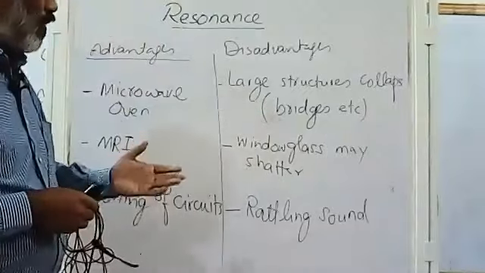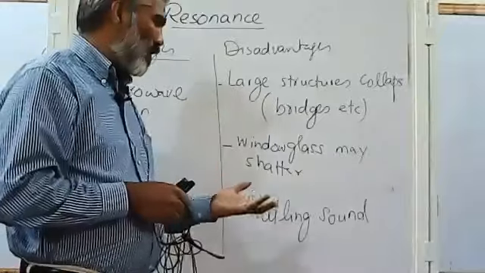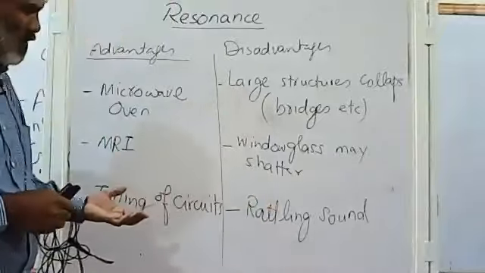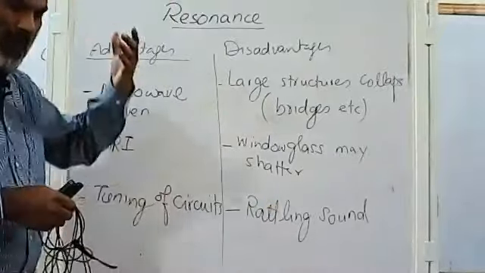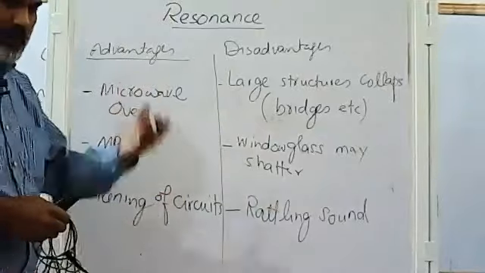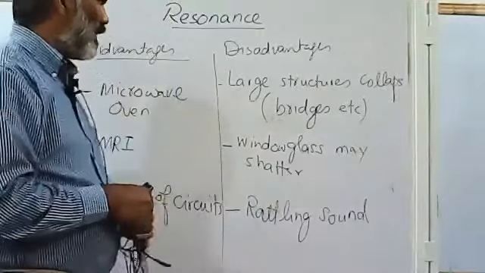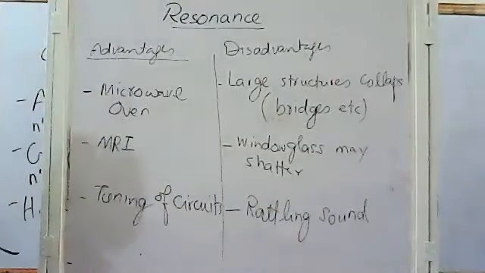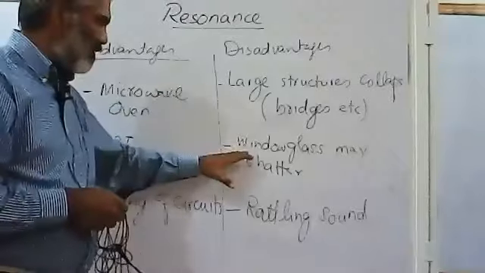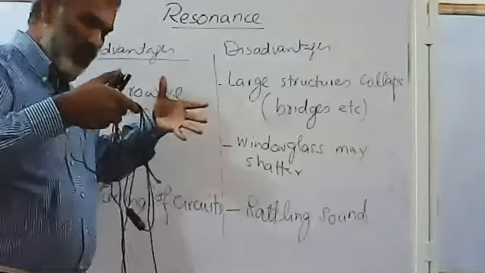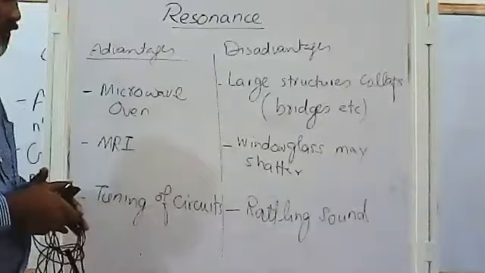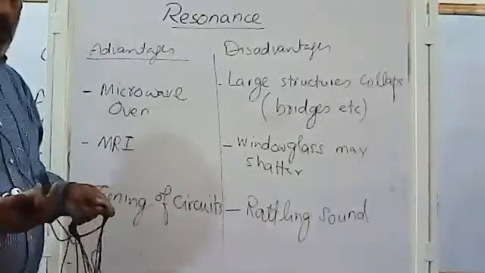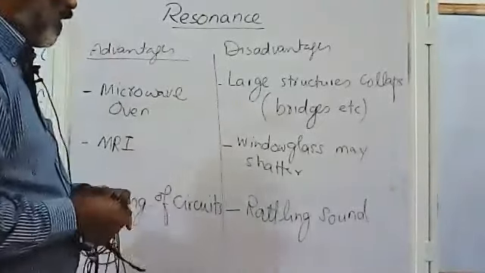Similarly, in all the cars and all the motorbikes, we have shock absorbers because we do not want very large amplitude of oscillation when we go by them. So one of the techniques that we use in order to suppress and control the amplitude is to introduce proper shock absorbing systems.